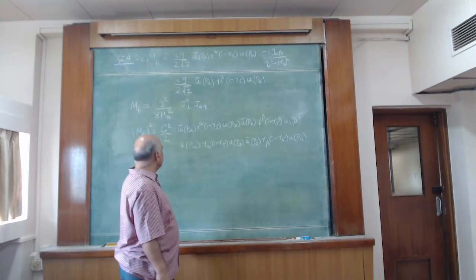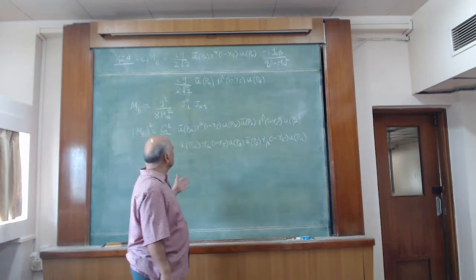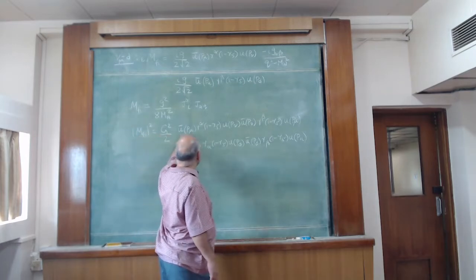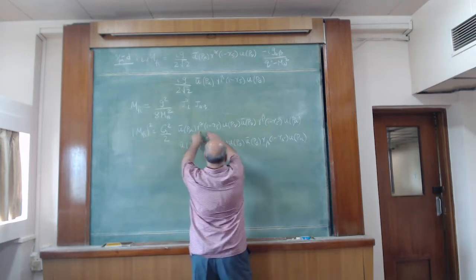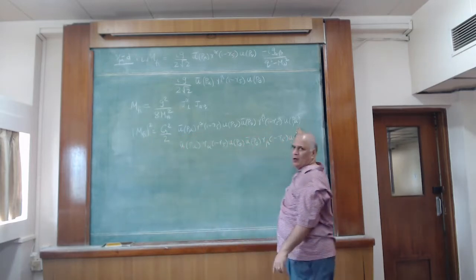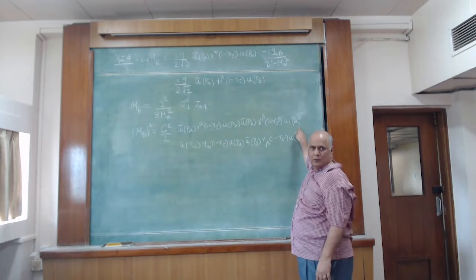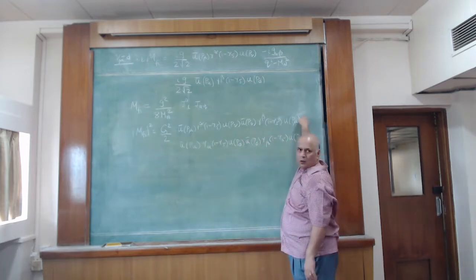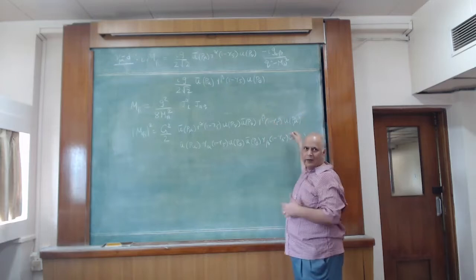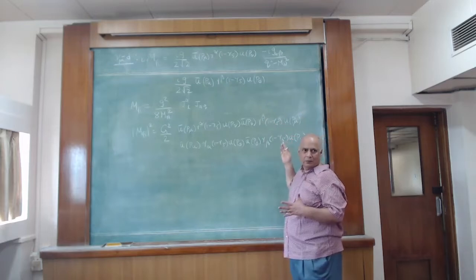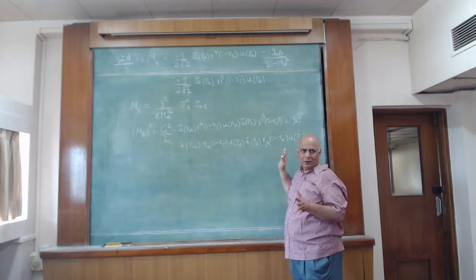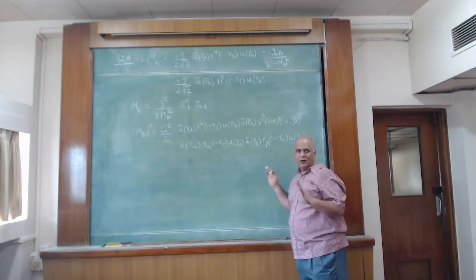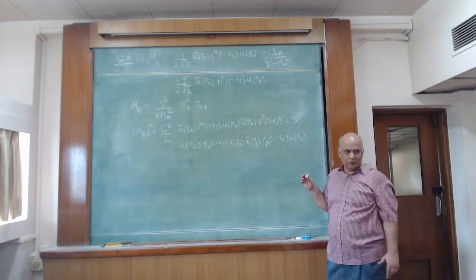Now this is the standard thing we do. This is a row spinor, which means the rest of it is a column spinor. And what we do is we put this row spinor here and take the trace. This is a very standard technique you have learnt in your particle physics course.